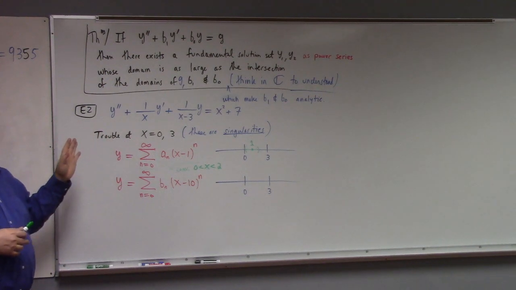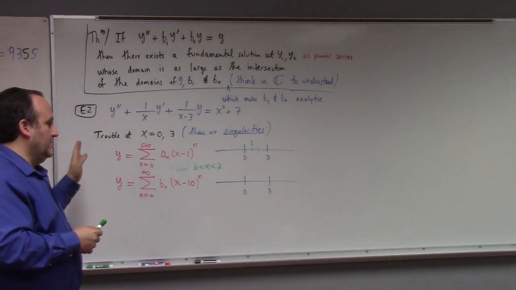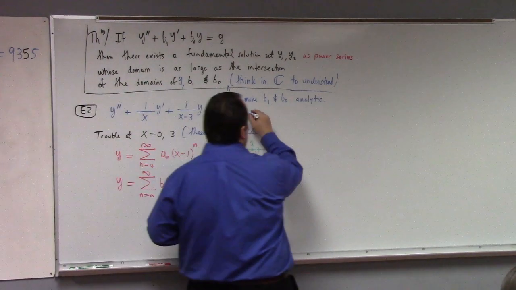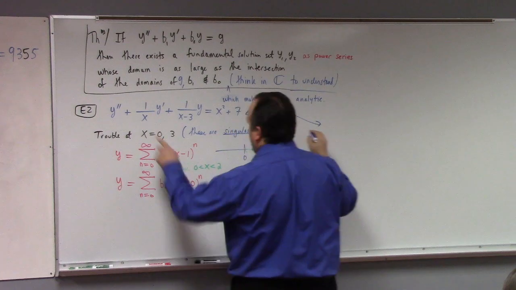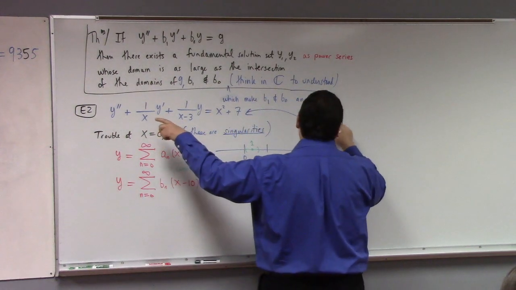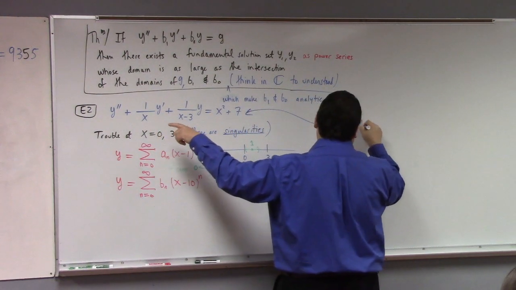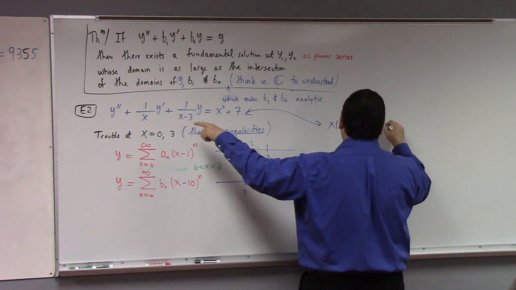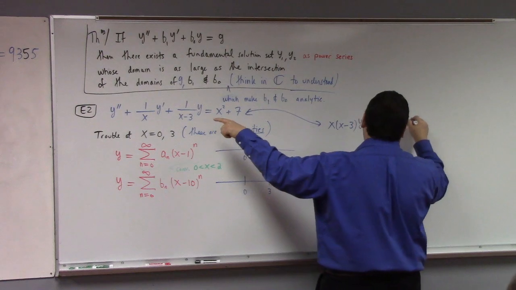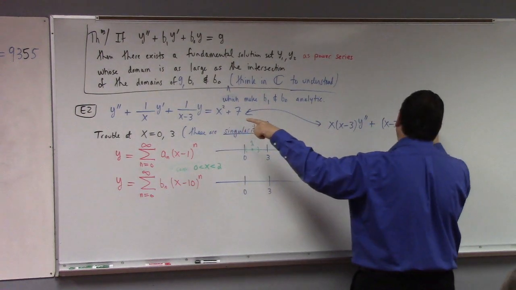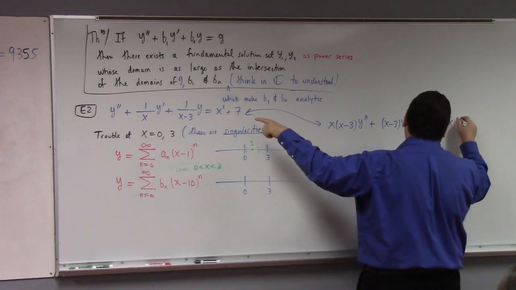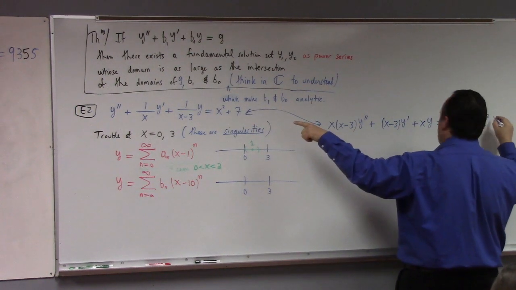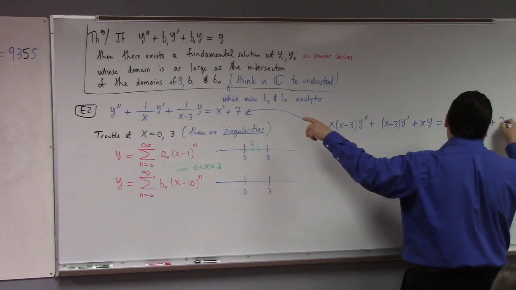All right? See, there's another way to look at this. I could have multiplied this by x times (x minus 3). See this? Obviously this is not quite the same differential equation, right?